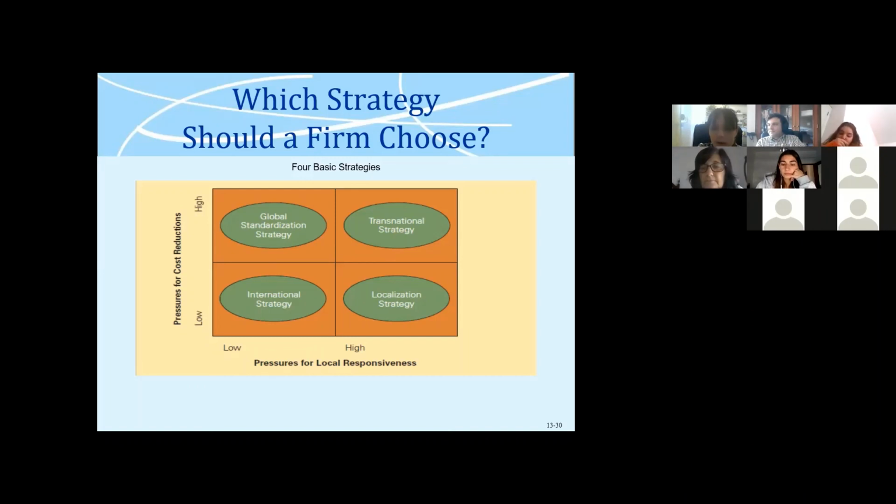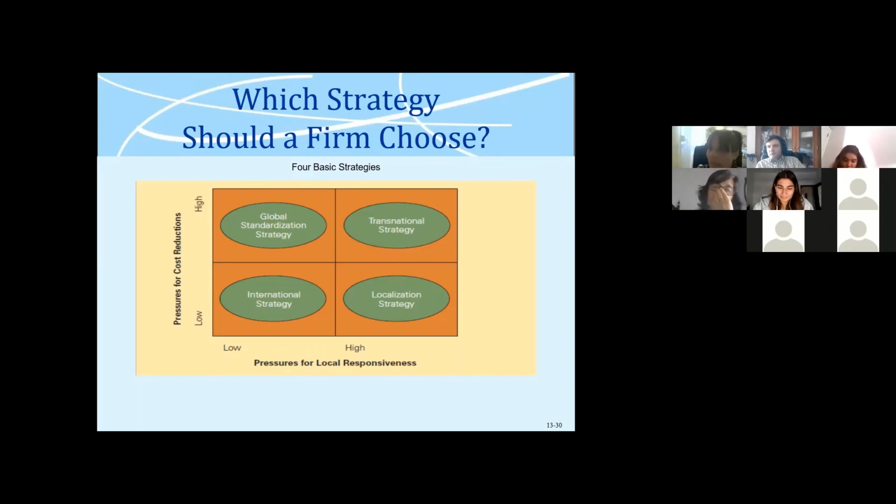So the fourth strategy is the international strategy. Sometimes it is possible to identify multinational firms that find themselves in the fortunate position of being confronted with low cost pressure or low pressure for local responsiveness. Many of these enterprises have pursued an international strategy, taking products first produced for their domestic market and then selling them internationally with only minimal local customization.